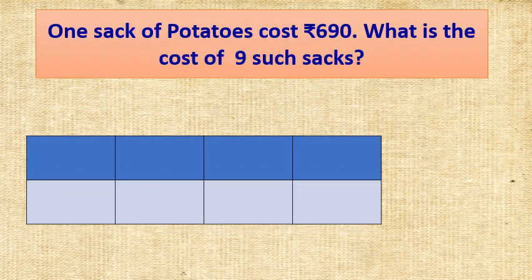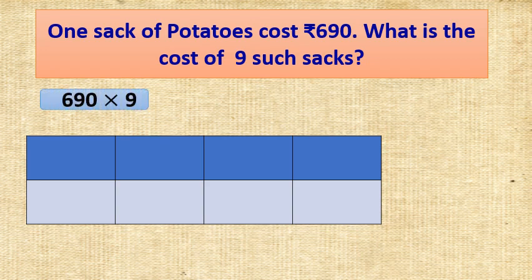Here, one sack of potatoes costs rupees 690. What is the cost of 9 such sacks? Now here also we are going to carry out the multiplication of 690 by 9.